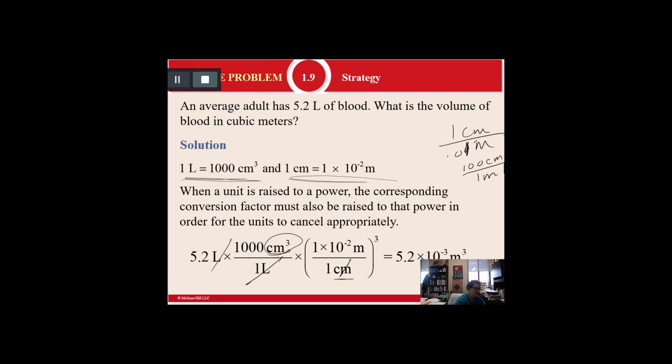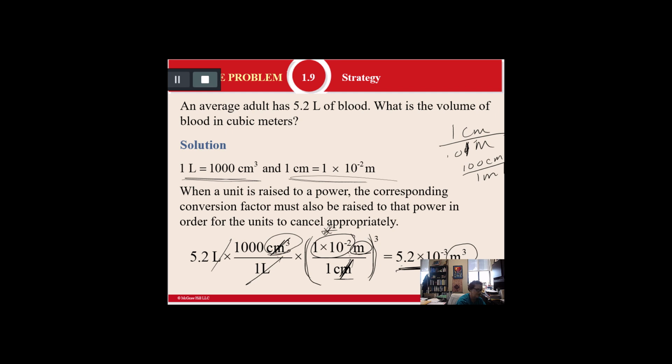I know centimeters has to go on the bottom because it's going to cancel. But what I have to remember is it's cubic centimeters to cubic meters, so this whole thing is cubed. That means the 1 times 10 to the minus 2 is cubed, and the meters is cubed. So you end up with 5.2 times 10 to the minus 3. Check this in your calculator and make sure that you get this, that you're putting this information in the right place. And your units will end up being cubic meters.